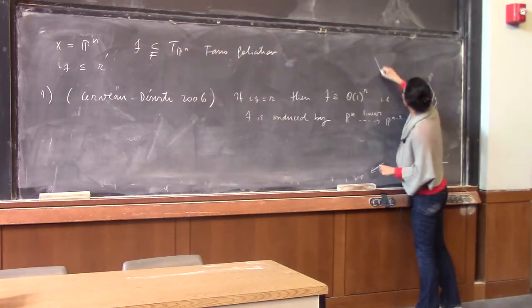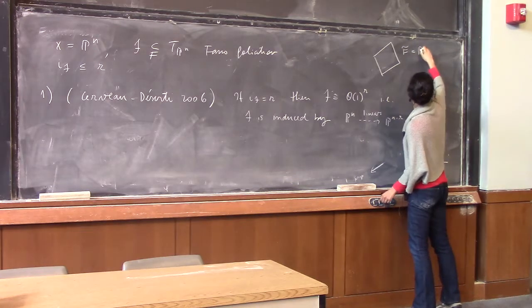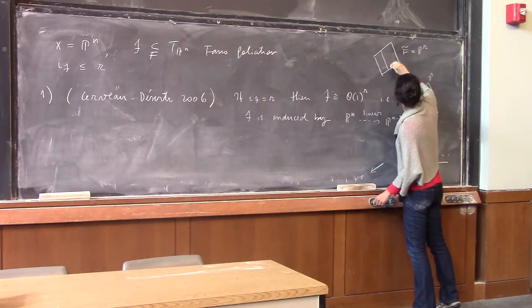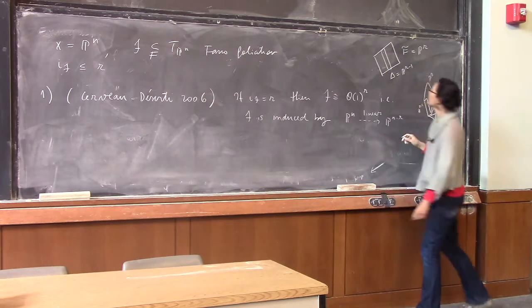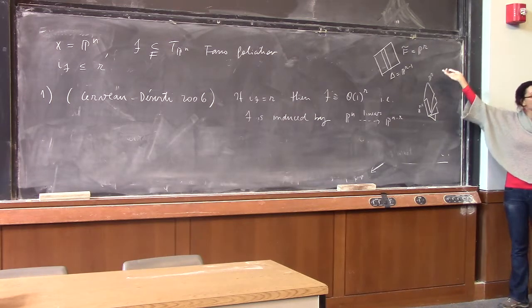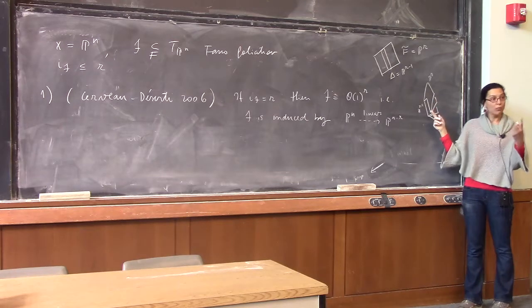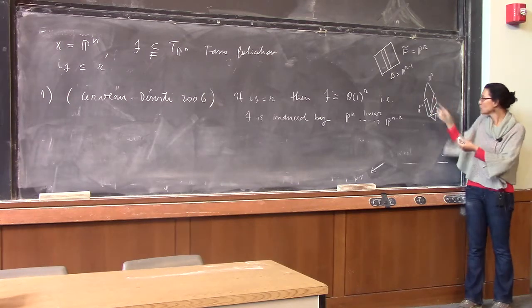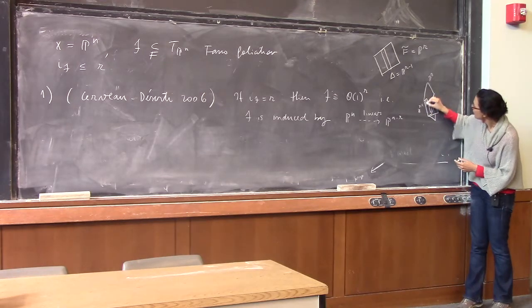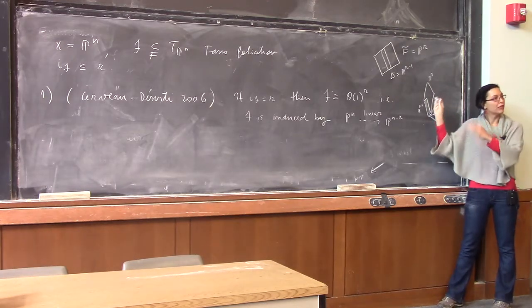So what is the log leaf in this case? The log leaf F tilde is just P^r, and the delta is just a linear P^(r-1). So this is the delta, the log leaf in this case. Of course it is log canonical, and in this case you don't have only one point in every leaf, or the closure of the leaf, but every point in this P^(r-1) is contained in the closure of every leaf.